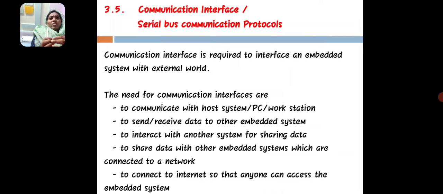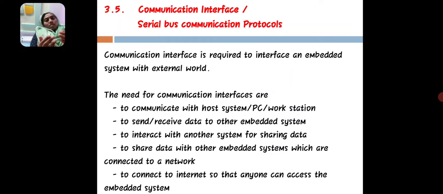Means in serial communication bus, in between transmitter and receiver we use a single wire. With the help of a single wire we can transmit the data, so that the circuit complexity is very less. So for long distance it is preferable. And one more important point is serial communication is very highly secure, right?